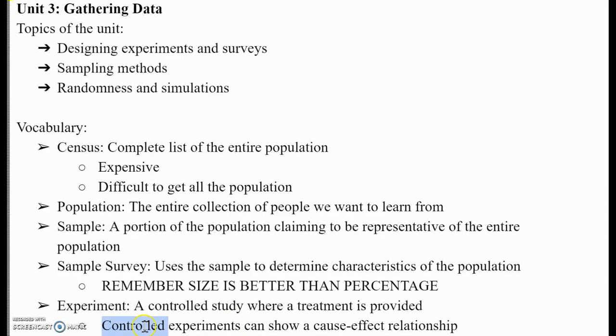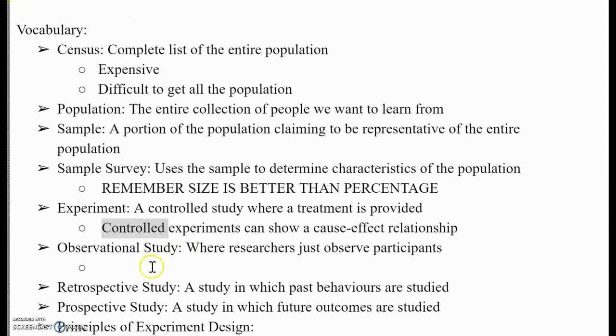Control just means holding everything else constant, so there's nothing variable between different participants in the study. An observational study is just where researchers observe the participants. Unlike an experiment, no treatment is applied, which just means that the researchers will just observe how members of the study react to different stimulus.